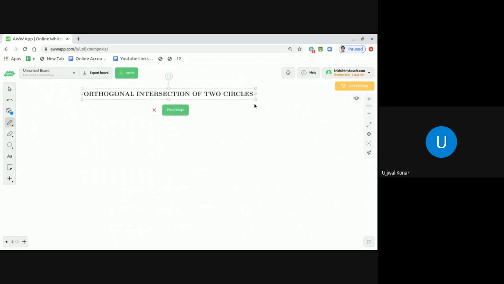So what does orthogonal intersection mean? Suppose we are going to draw two circles. Here is the first circle and another circle is something like this. Correct, dear students?